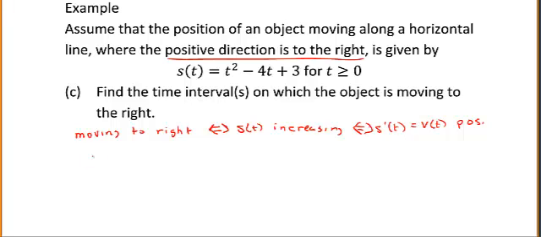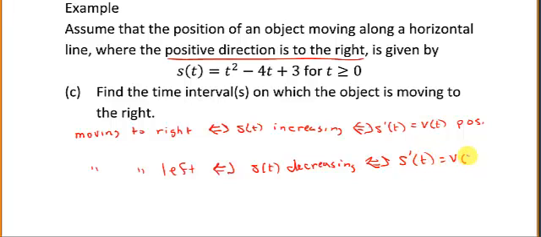All right, and similarly, moving to the left would be if and only if s of t was decreasing, and that would happen when s prime of t, which is the velocity function, is negative.